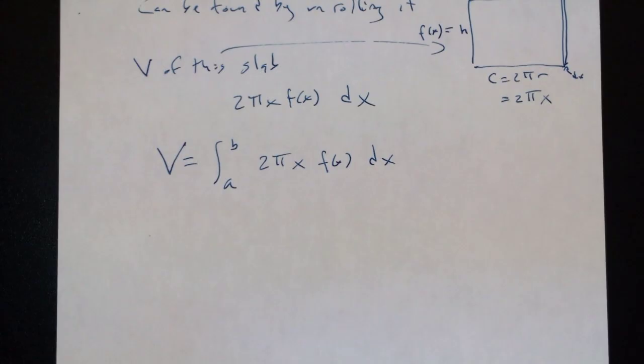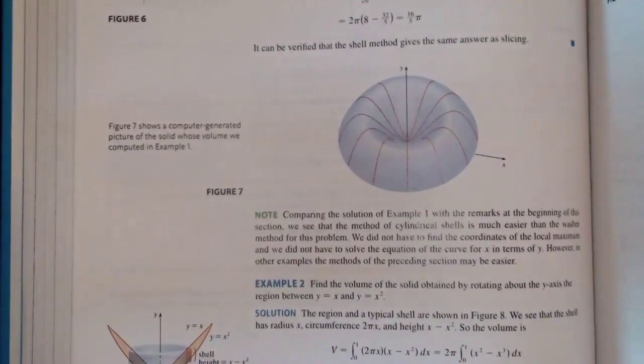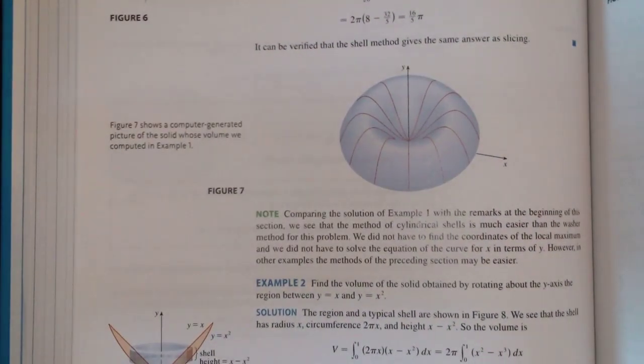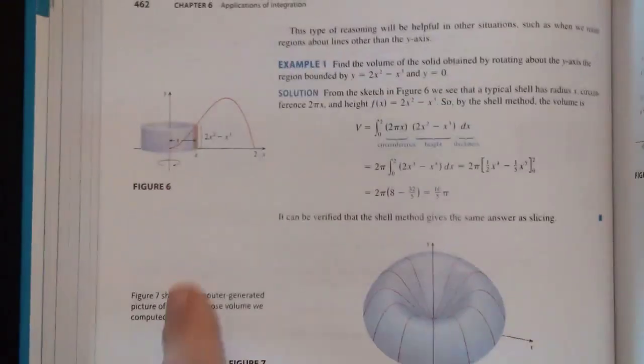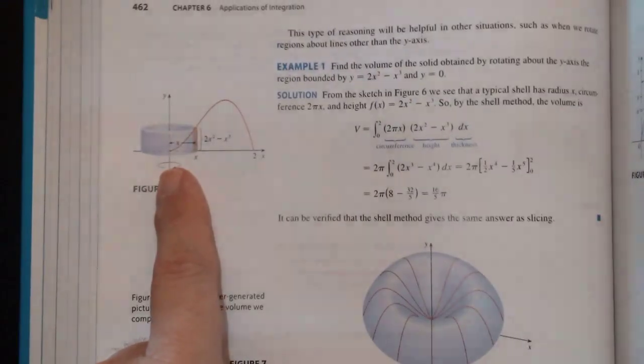So in our picture, I'm going to get something that looks like this. It's a bundt cake. But I'm not slicing wedges. I don't have to deal with things sliced in wedges. I'm slicing in punched out cylinders, one inside the other.